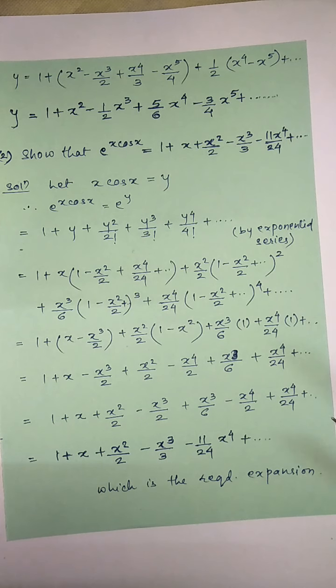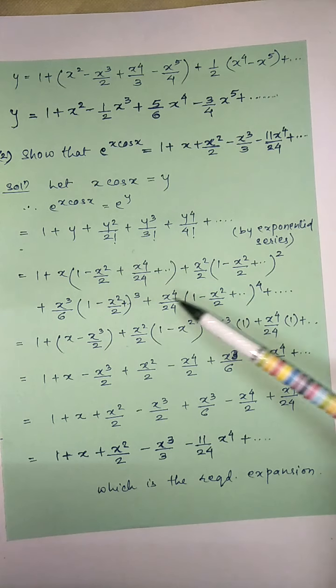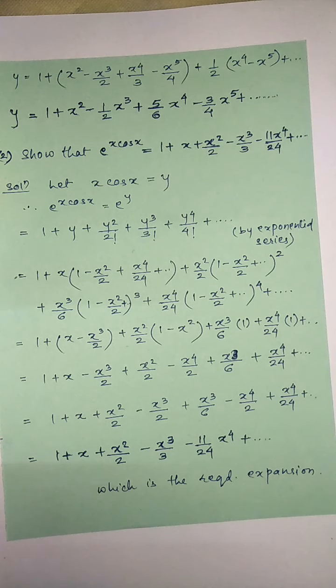We don't want terms beyond that, that is from x raised to 5 onwards. So we are taking terms only up to x square, because here we have bracket raised to 2, bracket raised to 3 and bracket raised to 4. So on simplifying, we will get the terms with higher powers of x.